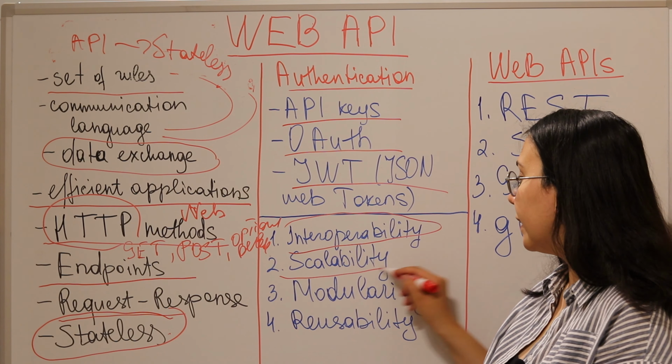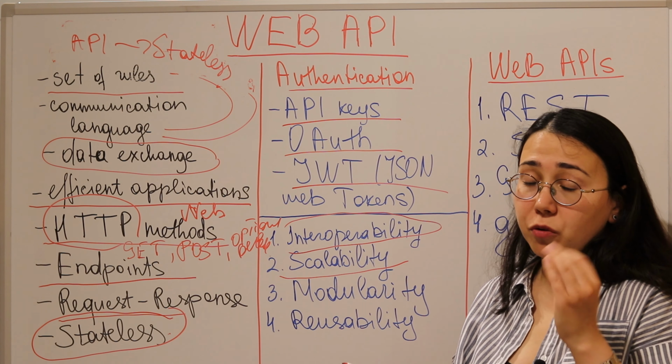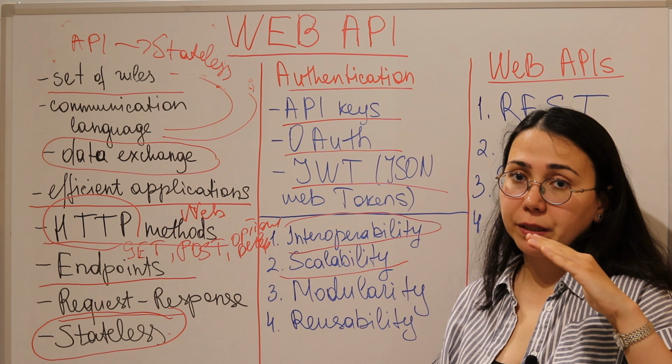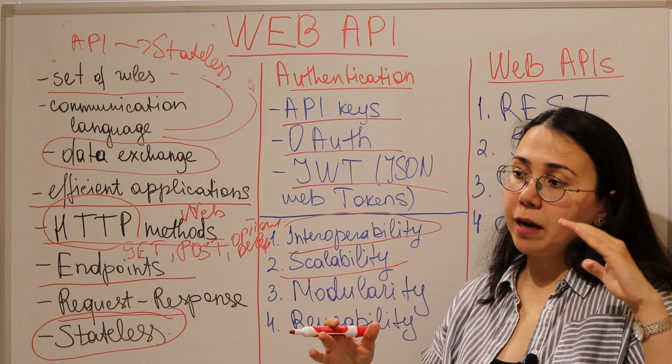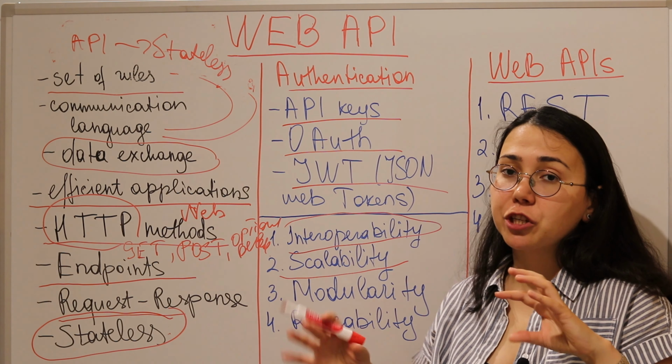It creates scalability. Take our simple example, weather application and weather agency, right? An application that can fetch information from all weather agencies around the globe, because check on the iPhone, whenever you enter the city name, it can fetch the weather for you. So the applications that can connect using the APIs to different weather agencies around the world can scale. They can scale to provide more services for the users, right?